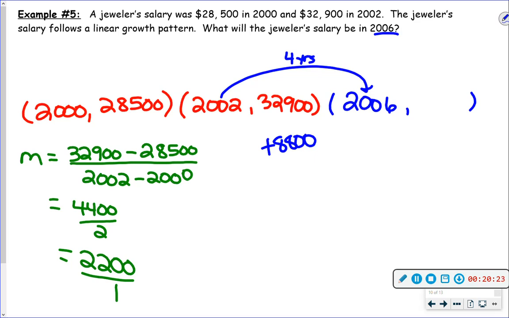He's getting $8,800 more over the 4 years. Add it together. What's $32,900 plus 8,800? Got it. I'm going to throw a dollar symbol and circle it. Got it. And do I need all that little piddly computation written out? No, we can do a lot of that in your calculators.